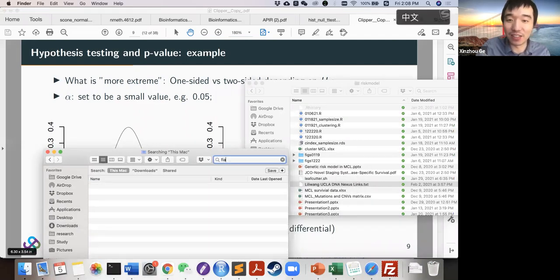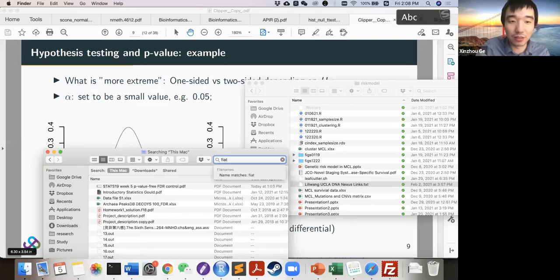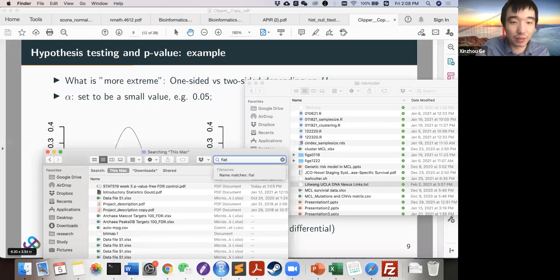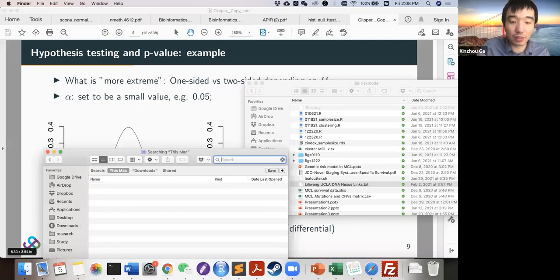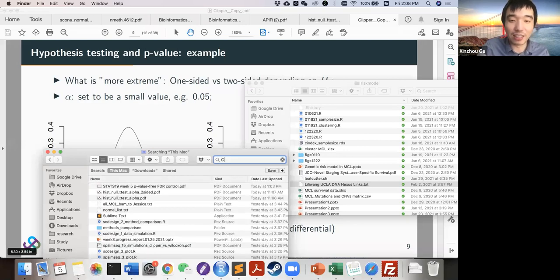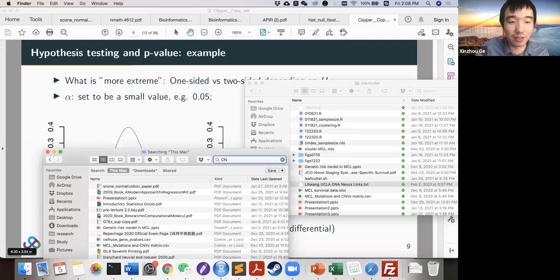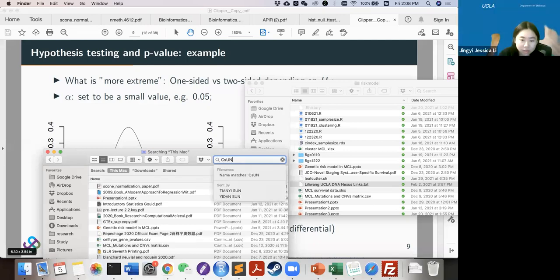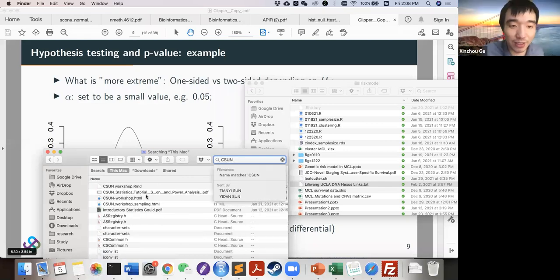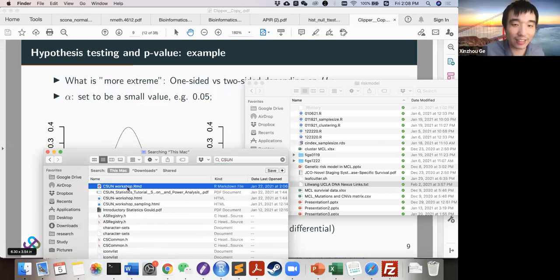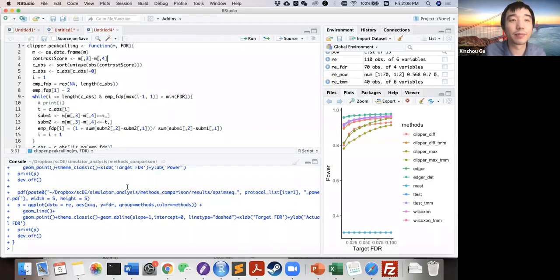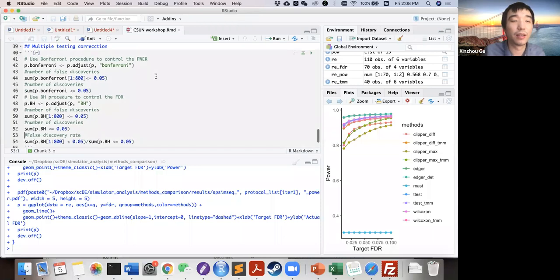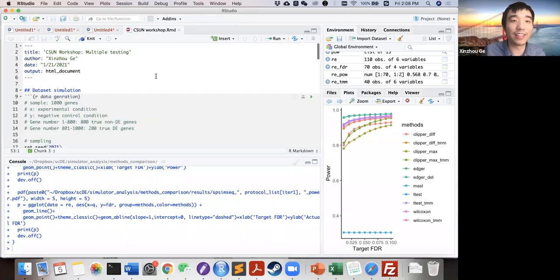I may forget where I put it. So what's the name of the CSUN? CSUN. Okay, CSUN. So this is the one demo. Can you see my screen?